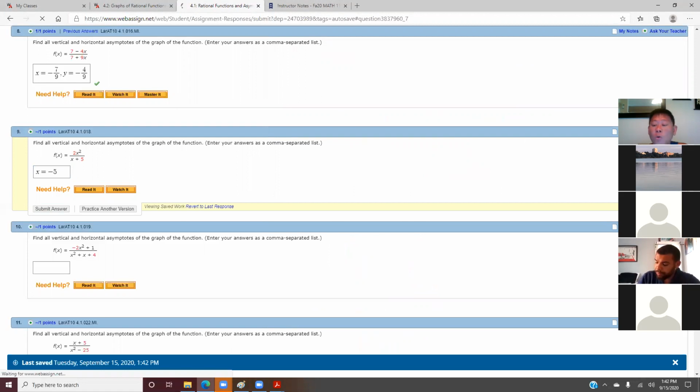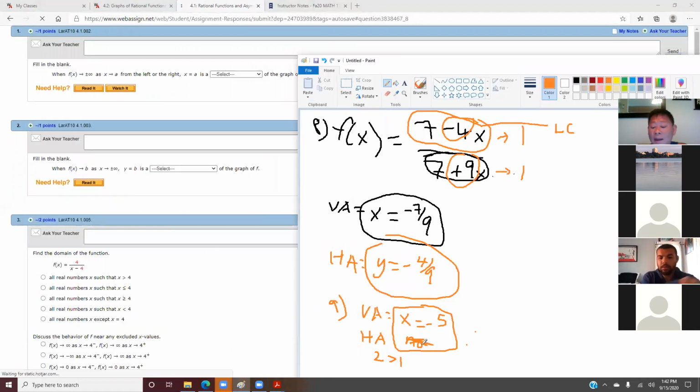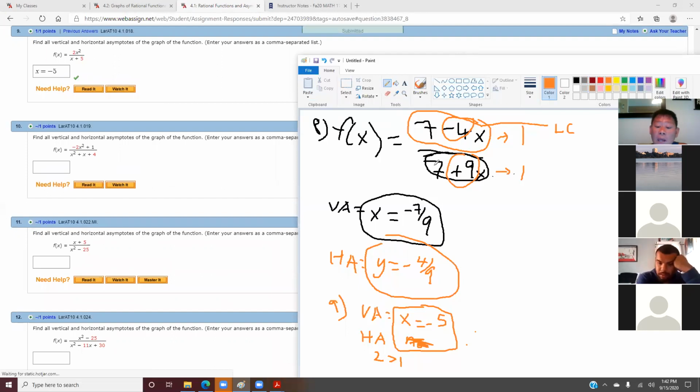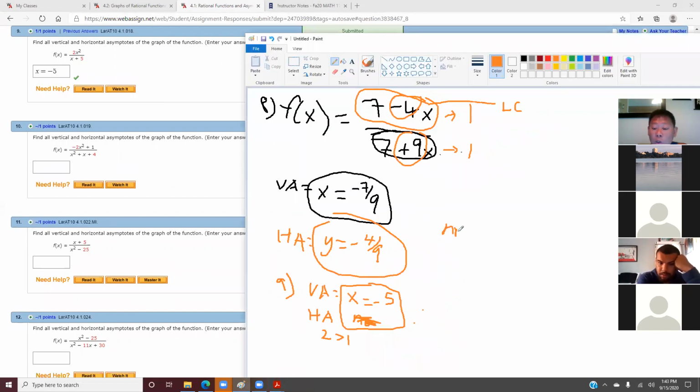If you have no asymptote of a kind, you do not need to specify it. The only time that you will use no is where you don't have a vertical asymptote, you don't have a horizontal asymptote, and you don't have a slant asymptote. If you don't have any of these asymptotes, then you will use no. But if you have only one or two or multiples of those, then you just list them out. You do not need to put none or no for the one that it doesn't have. You guys clear with me? How do you do your homework here?